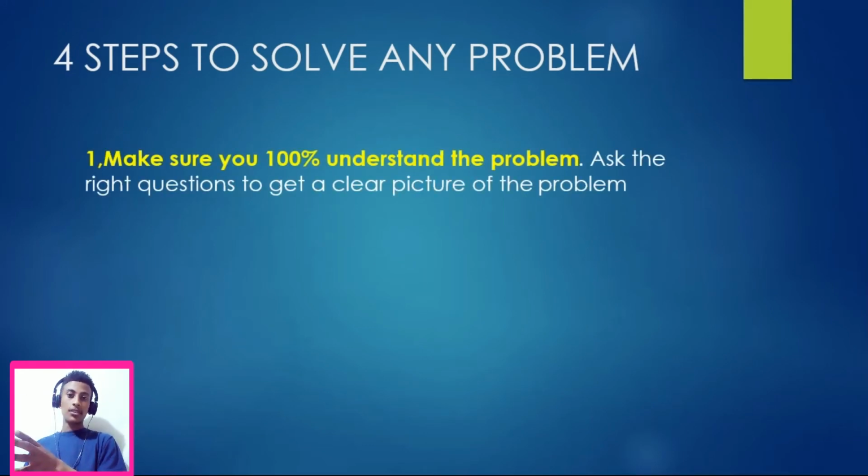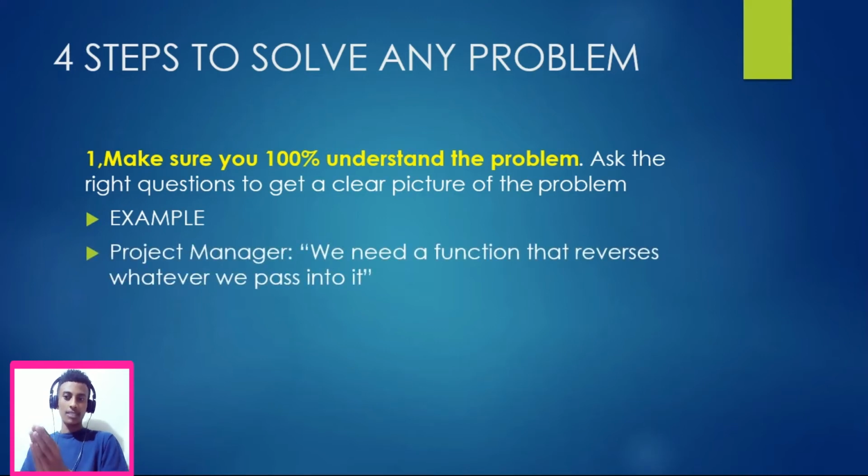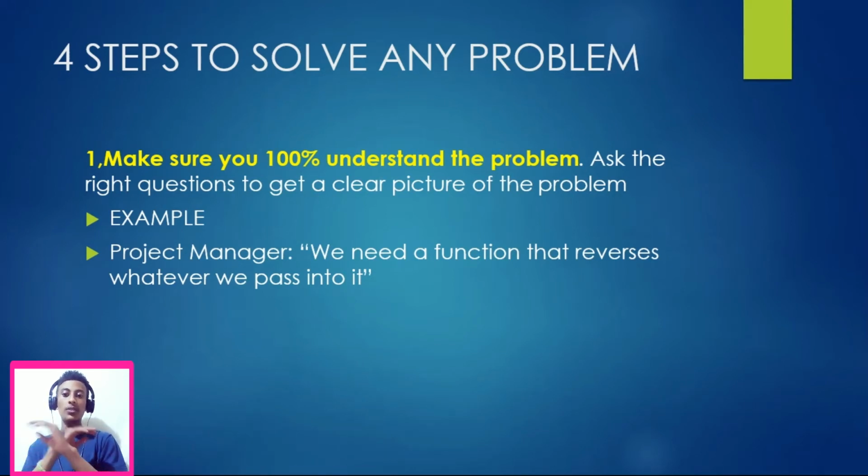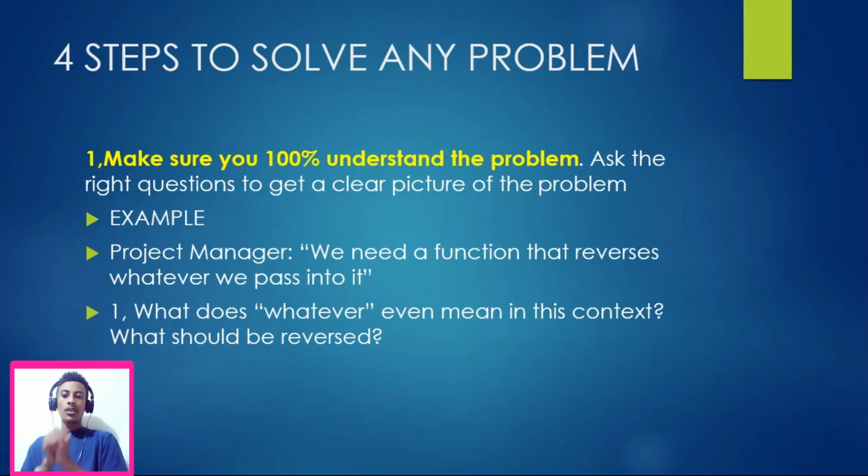The first step to solve any problem is to make sure you understand the problem 100%. If you don't understand, ask the right questions to get a clear picture of the problem. For example, if the project manager says we need a function that reverses whatever we pass into it, what does whatever mean in this context?